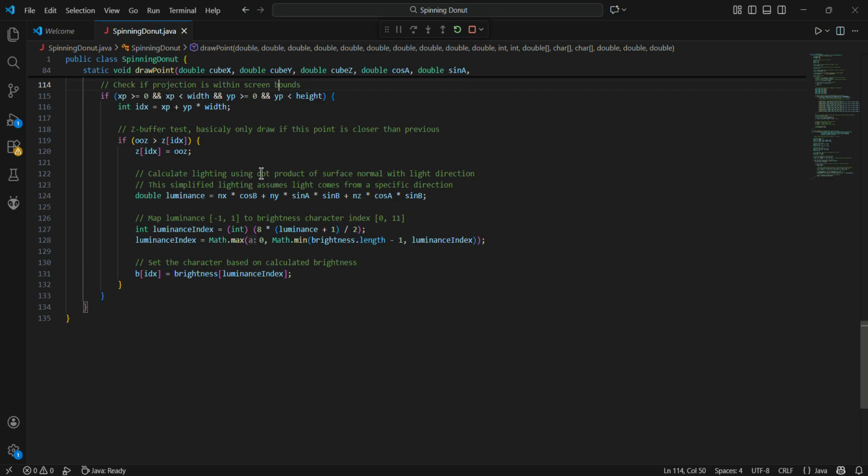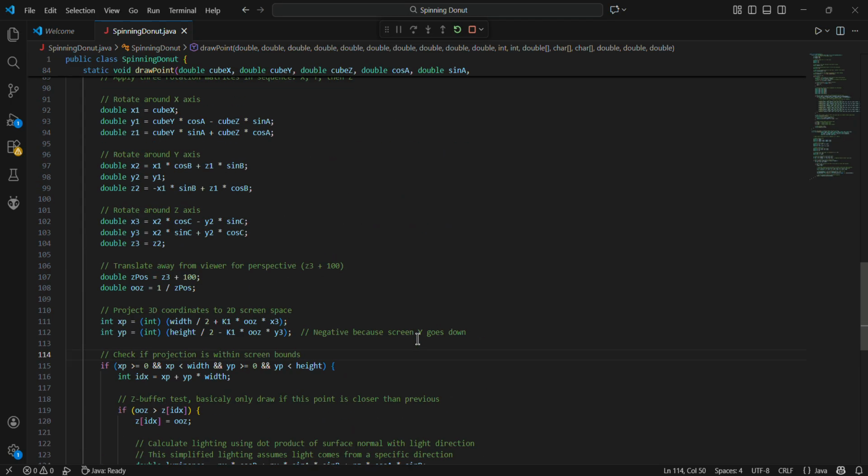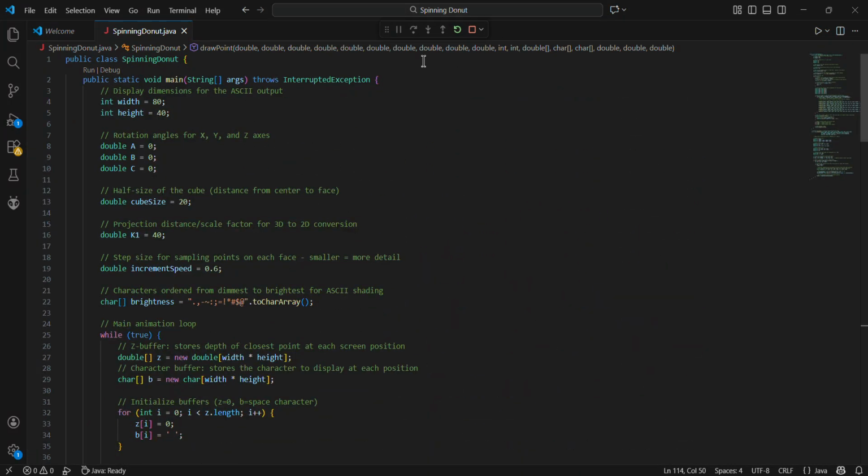Essentially, this stops us from rendering the faces in the back that are hidden, because they can't currently be seen since they're not close to the viewer's perspective. And then we have the luminance stuff that is given to us in the donut code. That's pretty much it. Thank you.